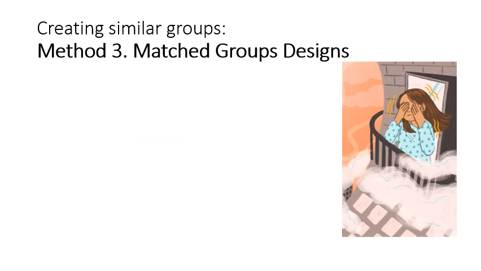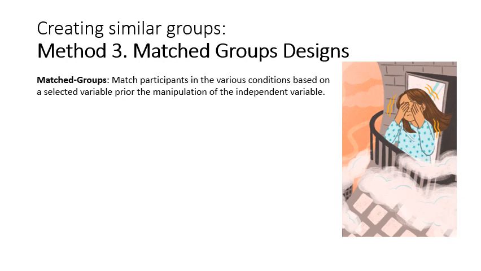Sometimes, though, you might be concerned about pre-existing differences within the group, and you might have a greater concern than normal. And in that case, you might use method 3, matched group designs. So matched group just means that we match participants in the various conditions based on a selected variable before manipulation of the independent variable. So what does that mean?